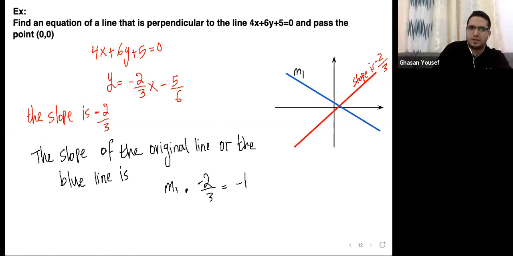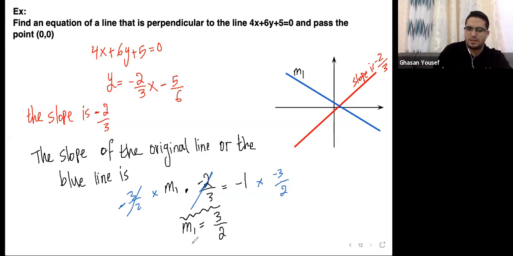So multiply both sides by what? By minus 3 over 2. Multiply this by minus 3 over 2, so this cancels out with this. Here I get m1, the slope, equals 3 over 2, positive. This is the slope of my blue line.